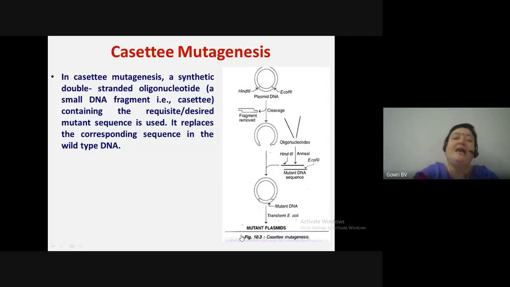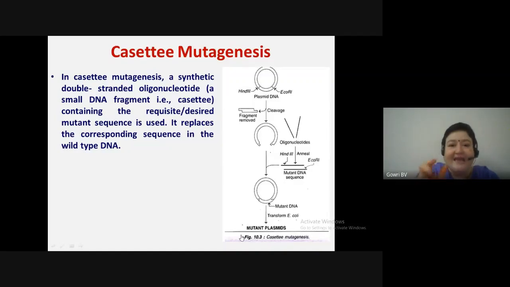Come to the left hand side now. In cassette mutagenesis, a synthetic double-stranded oligonucleotide, a small DNA fragment, that is the cassette, containing the requisite or desired mutant sequence is used. It replaces the corresponding sequence in the wild type DNA.